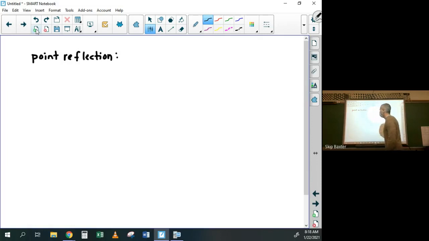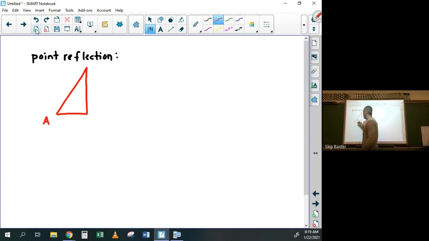So a point reflection would be, suppose you have a figure, like a triangle, like this, okay? And suppose you wanted to reflect this triangle through a point. Now let me just give this some vertices, A, B, C, so we know what point goes where. And let's say that the point of reflection is right here, point P.